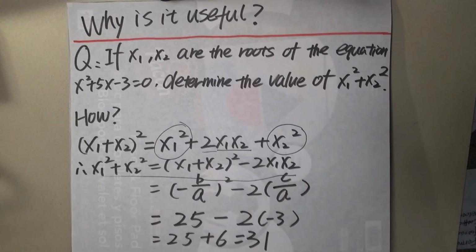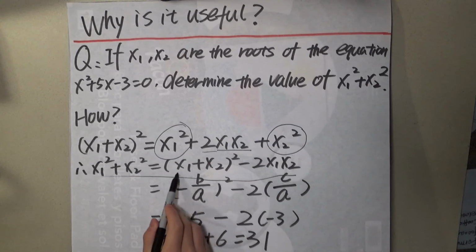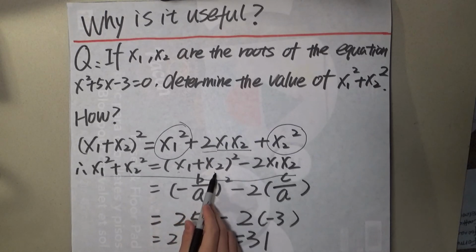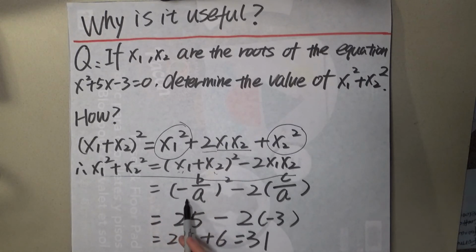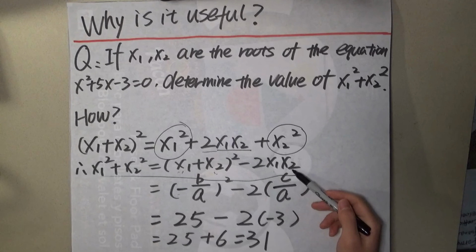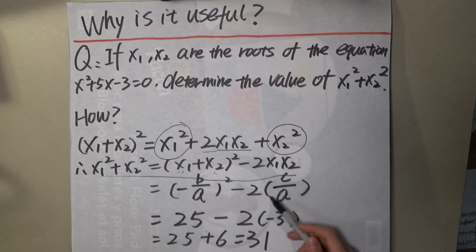And the most interesting part is that x1 plus x2 we can replace by negative b over a using Vieta's formulas, and x1 x2 we can replace by c over a.